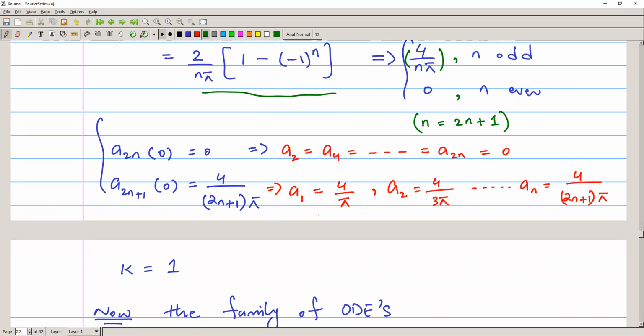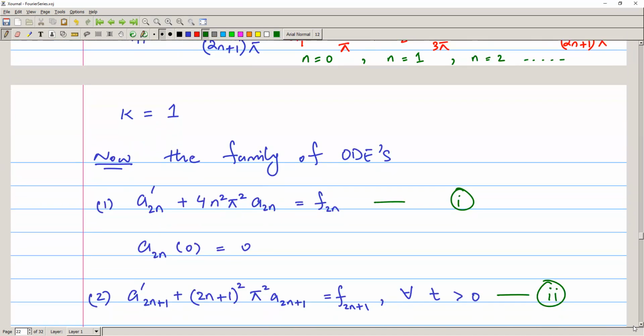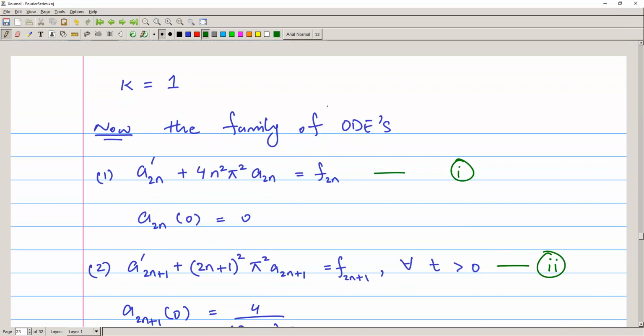Therefore, a1 is equal to 4 over pi when n is 0, and when n is equal to 1, here is 4 over 3 pi, and when n is equal to 2, and so on, right? So here k is equal to 1 in this equation.